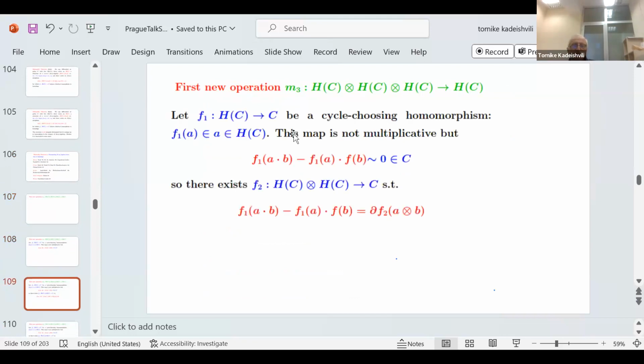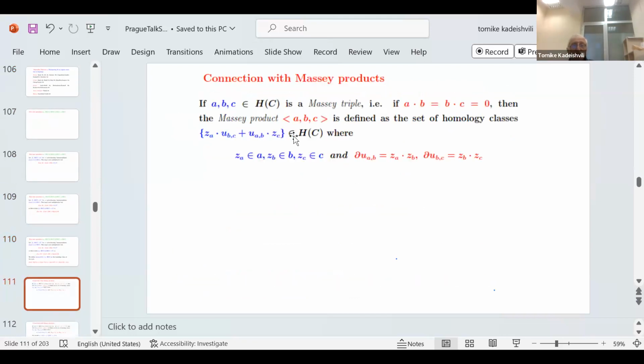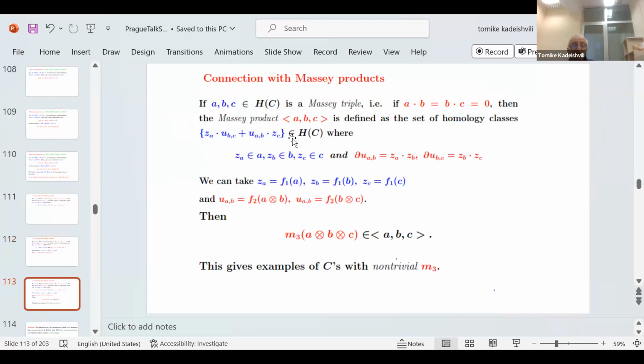First, a new operation. It is easy to describe, but a fancy thing is, in mathematics, there exists such a fancy thing that is Massey product. Massey product is a triple product of 3 elements, A, B, C, in algebraic places, but it is not always defined.